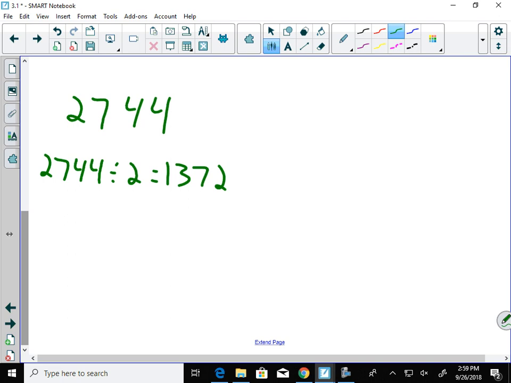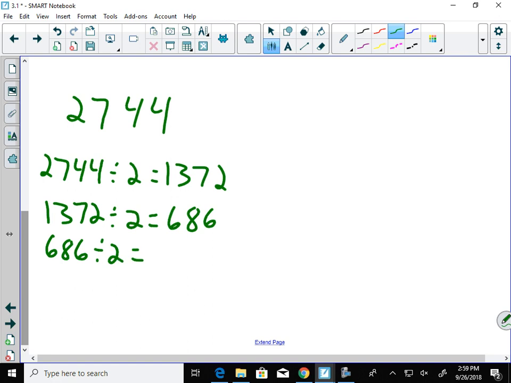1372. It's an even number, so I'm going to divide by 2 again. Why can't you ever divide by 4? Because 4 is not a prime number. Divide by 2 again. 343.